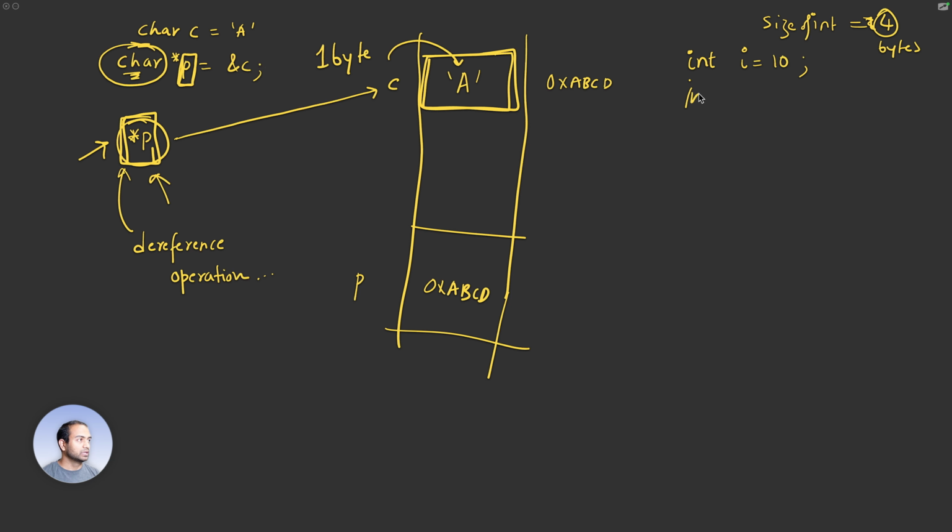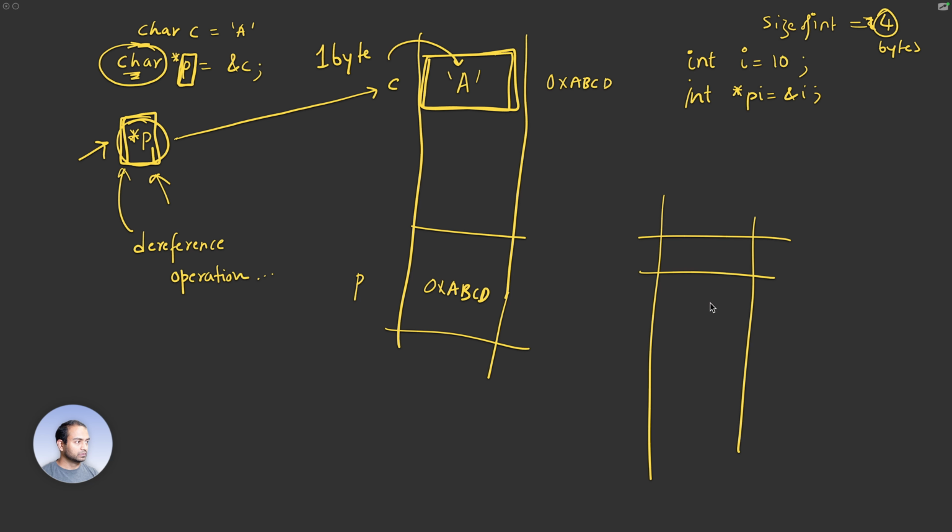So then something like this would essentially mean that somewhere there is pi, which has some address like this, and let's say I is here, whose address is something like so, and we have 10 stored here.